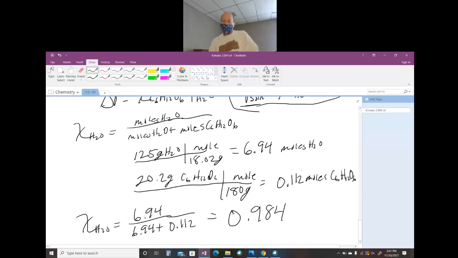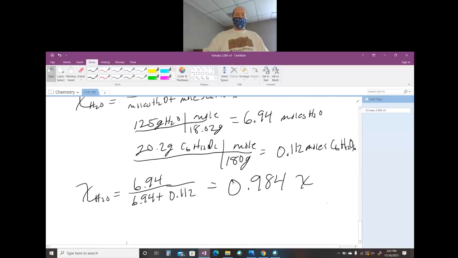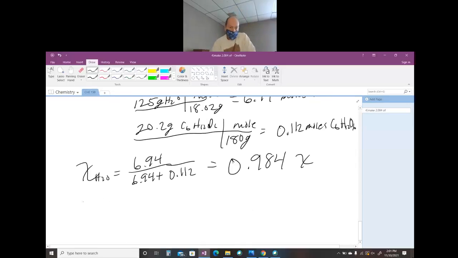If I wanted the mole fraction of the sugar, we can do that one too, the mole fraction of glucose, C6H12O6. I take my 0.112 and divide by the 6.94 plus the 0.112.